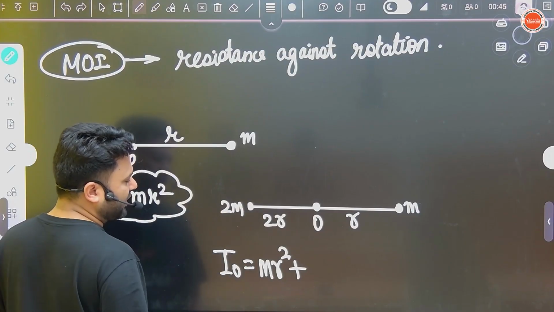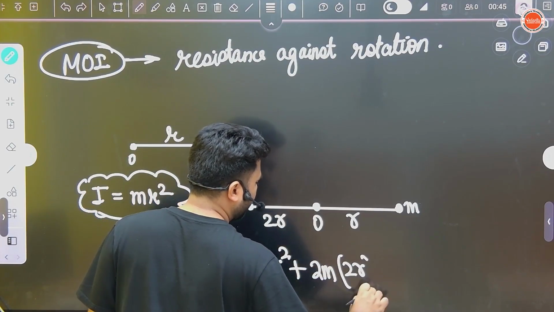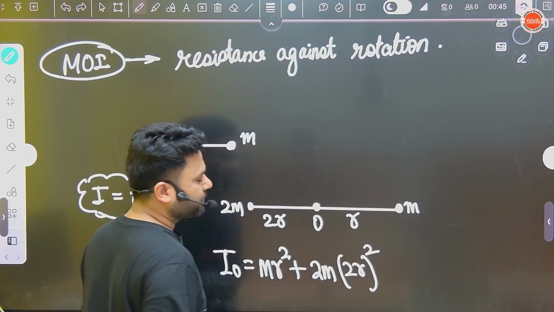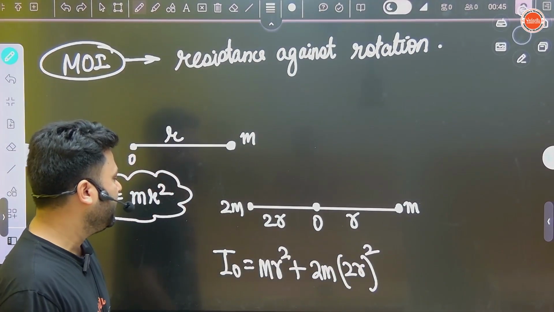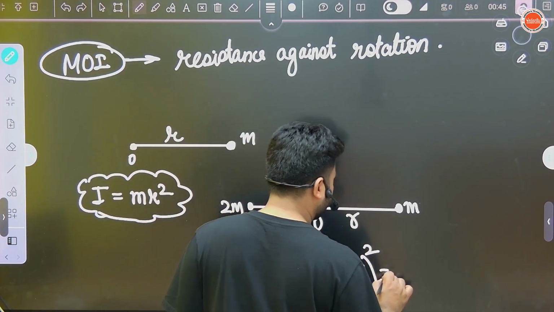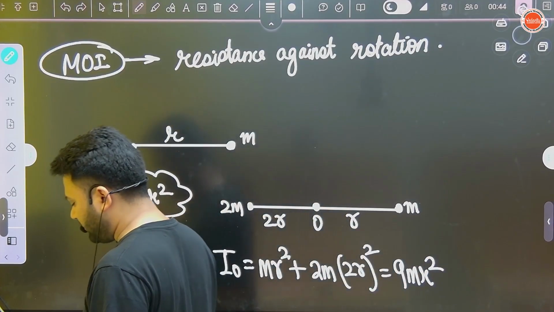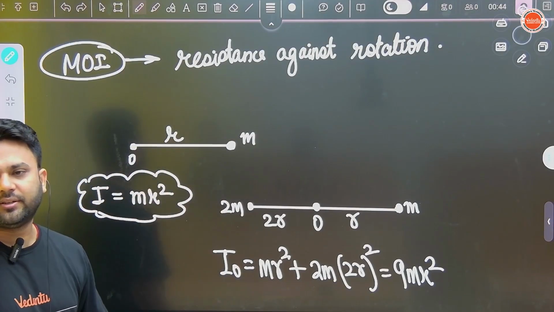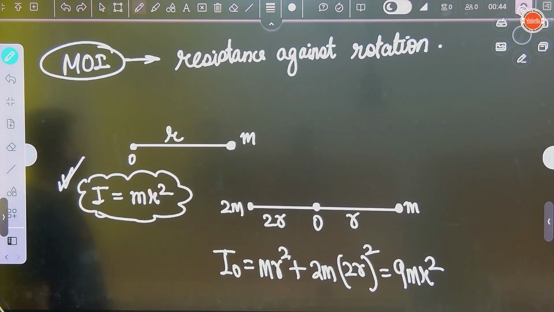Mass into distance square. Mass is 2m, distance is 2r from the center of rotation, na? 2m into 2r square. So 2 square will be 4, 4 twos are 8. 8 mr square plus mr square, that is 9 mr square. Okay. So for a point object, the formula for moment of inertia is mr square. This you need to remember.